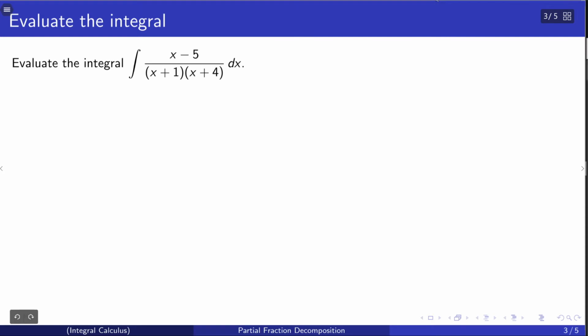Thankfully, there's an easier way of evaluating this integral. And all you really needed to notice here is that the fraction (x − 5)/((x + 1)(x + 4)), this rational function, actually is equal to 3/(x + 4) − 2/(x + 1).